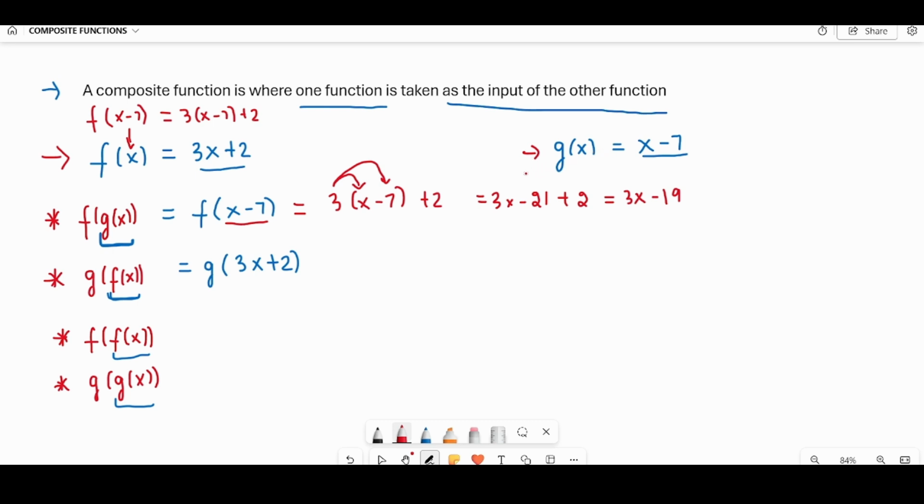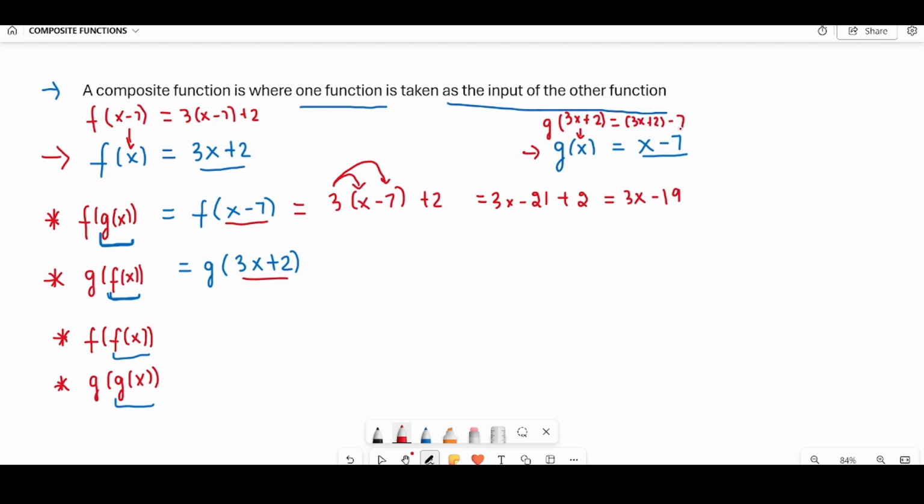Now to find the value of g of 3x plus 2, where 3x plus 2 is acting as your input, all you need to do is replace your x with 3x plus 2 everywhere in the function. This will become g of 3x plus 2 equals 3x plus 2 minus 7.